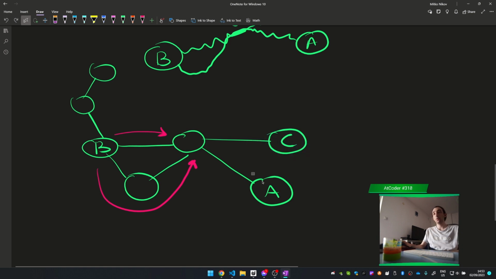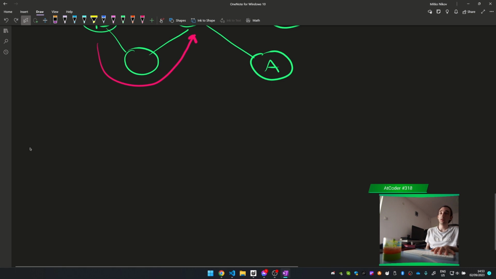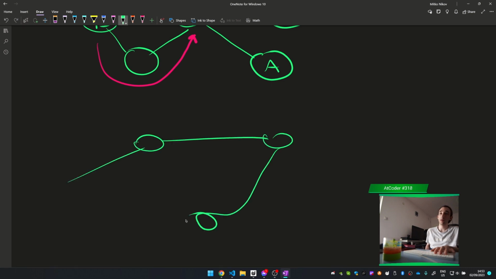Or maybe more components. We want to quickly know for each articulation point, is B connected to A or not? And C. Even if there are articulation points somewhere, there should be a path.